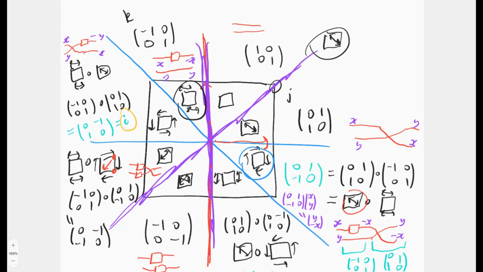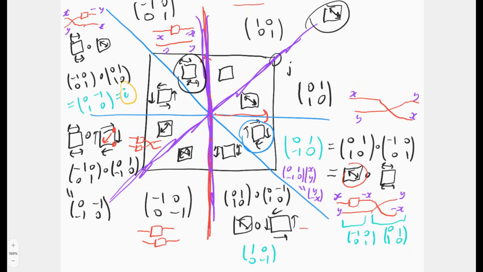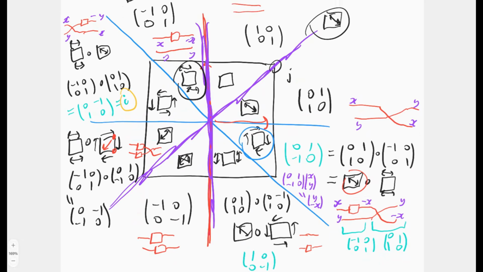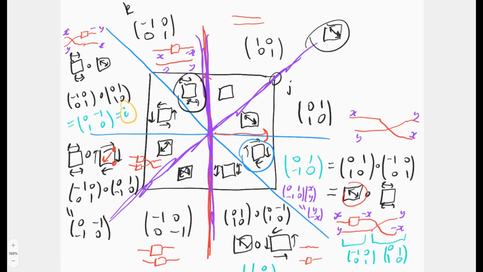Oh, hang on. There's also this one. So this one corresponds to this matrix here. It's going to leave x alone and it's going to multiply y by minus one. So there's also a symmetry in this picture now.